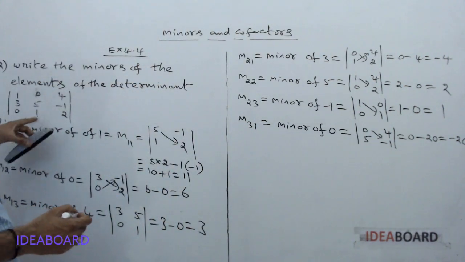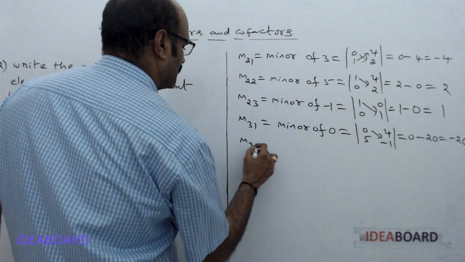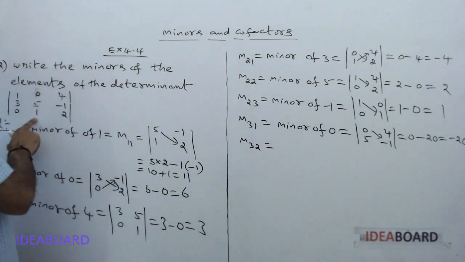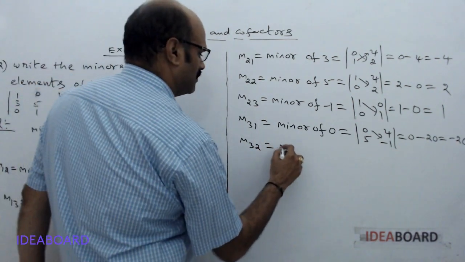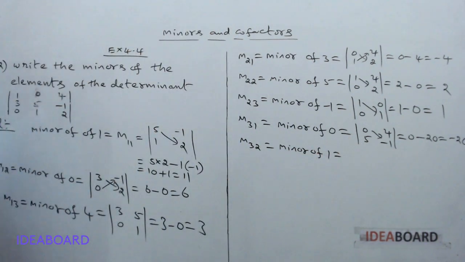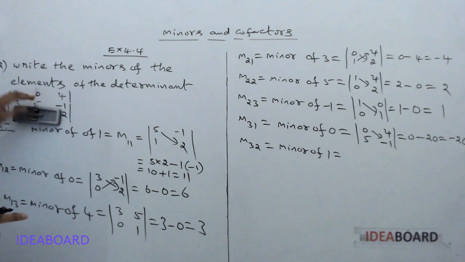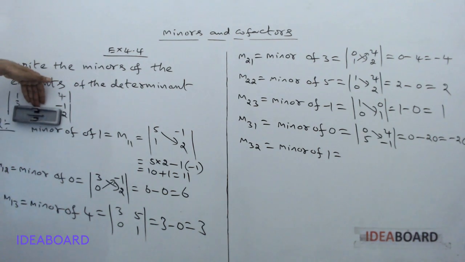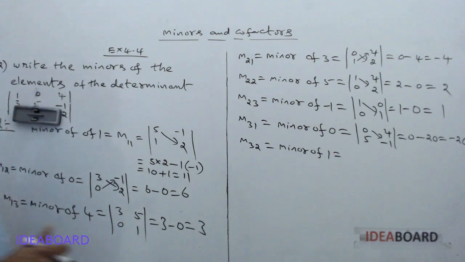Next, M32 equals minor of 1. The element 1 lies in the third row and second column. You have to close it. So the remaining elements are 1, 4, 3, minus 1.